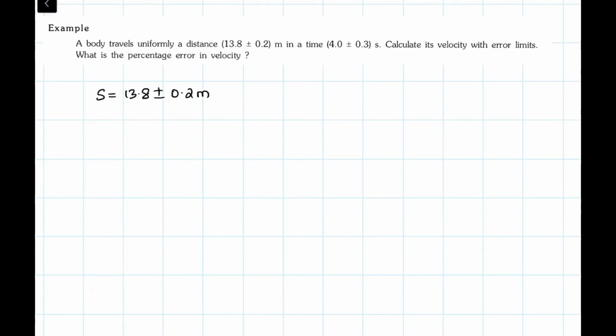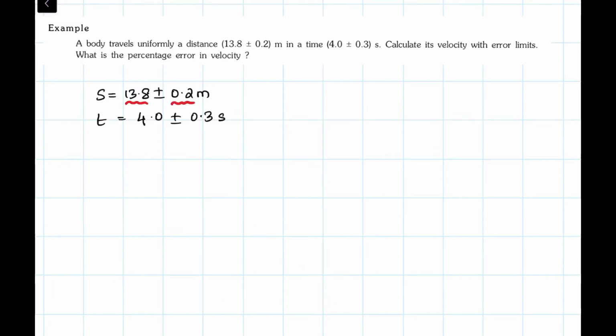This is the error part, 0.2, and time is given as 4.0 plus or minus 0.3 second. Fine. So what first will you understand if you see such a number? One thing you have to understand is that the first part is the magnitude and the second part is the error. That we all know. This is the error part and this one is the magnitude part.